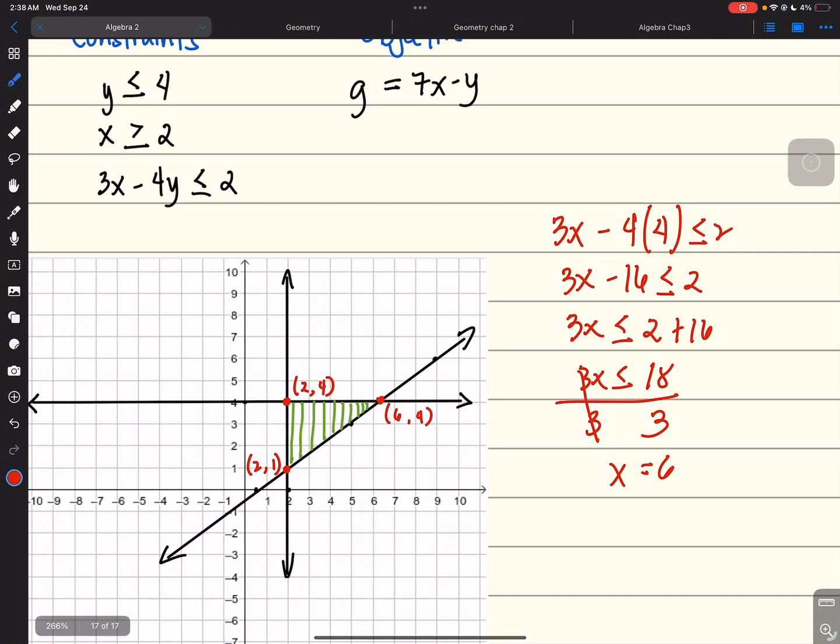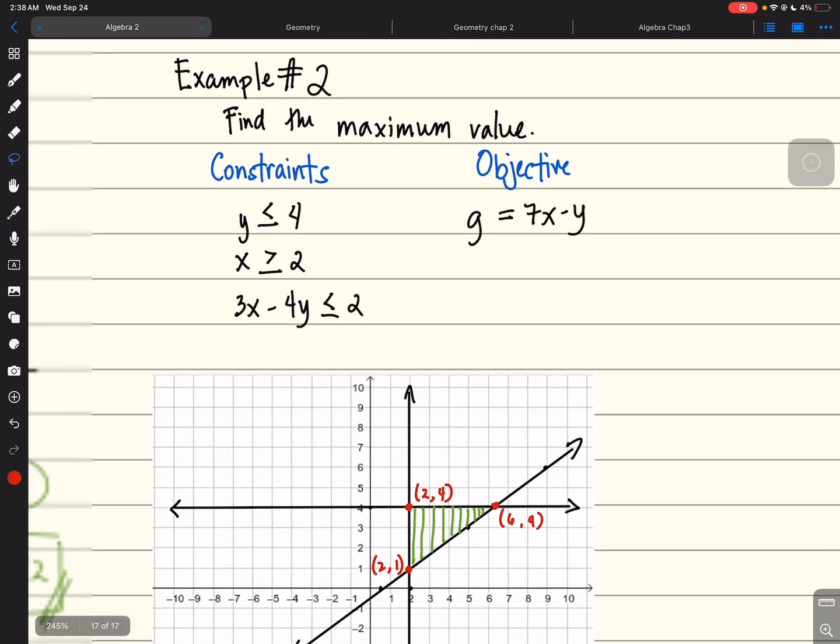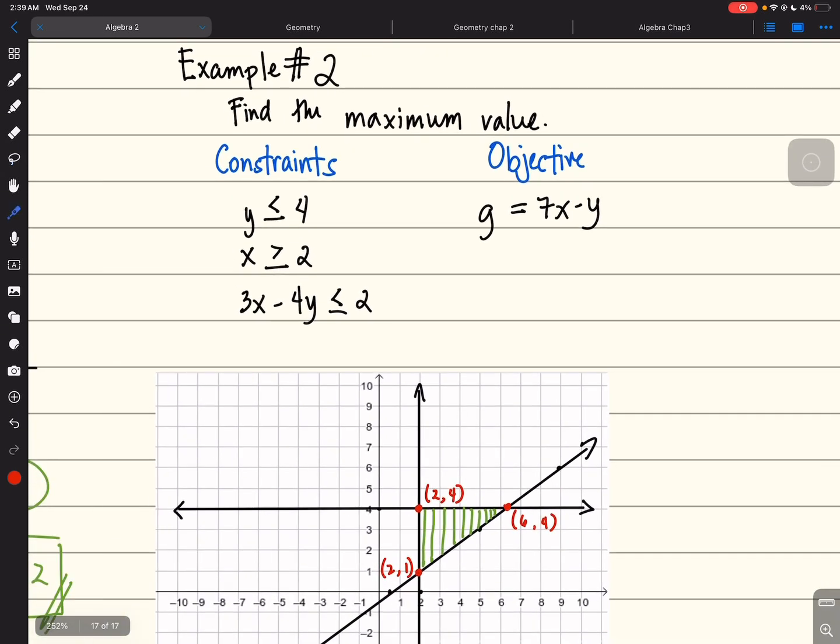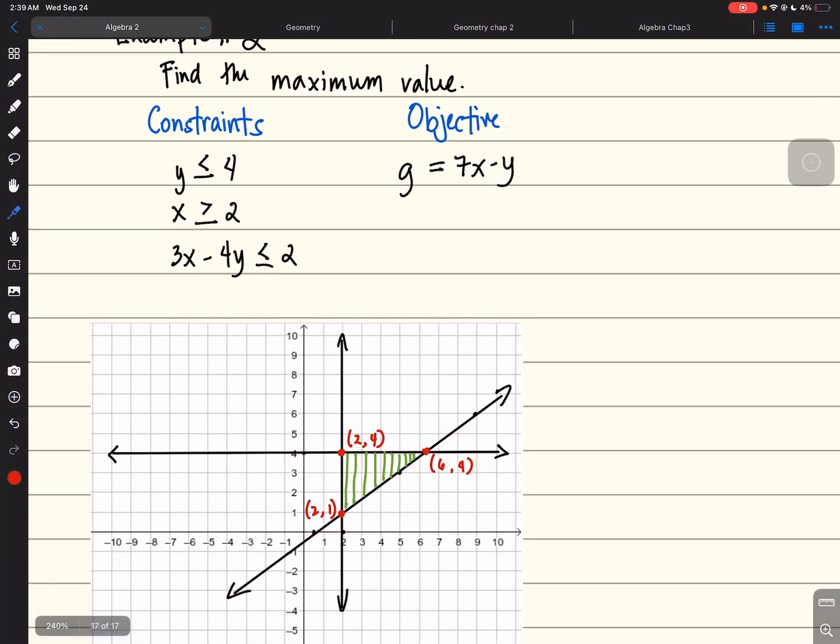Now let's find the maximum value of this objective. All you have to do is write first all 3 vertices. So that is x, y, and then we're going to find for letter G. What is x?